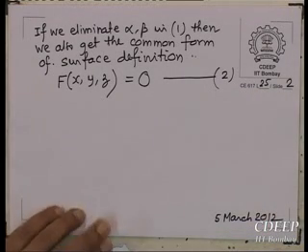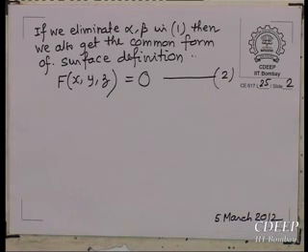If you see any book on mathematics, you will find that a surface is defined this way also. So one is the parametric form, the other is this.